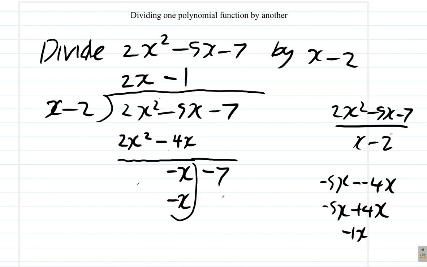And remember, you must have the same things line up there. Negative 1 times negative 2 is positive 2. We subtract negative x minus negative x, so that's 0. What about negative 7 minus 2? That's negative 9.